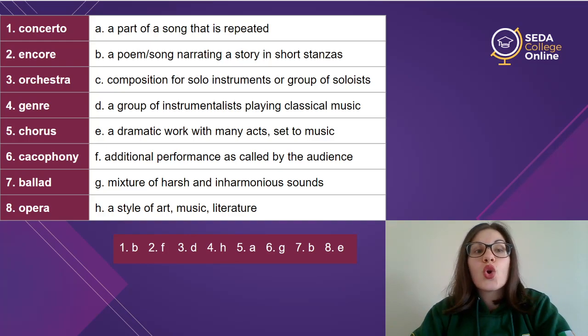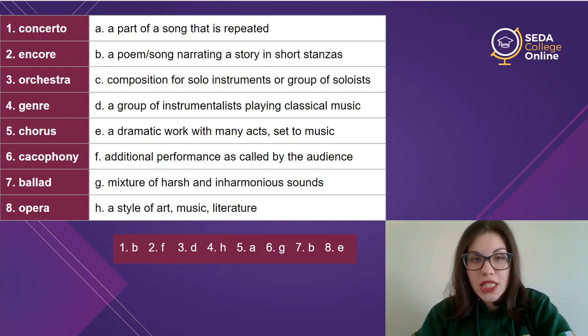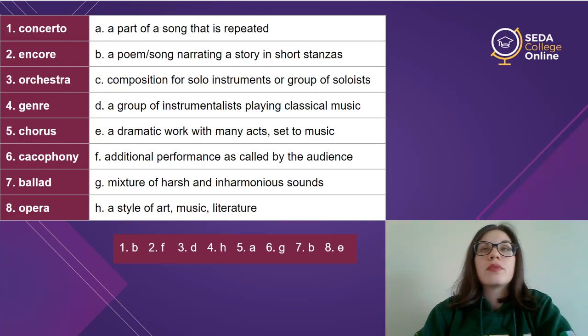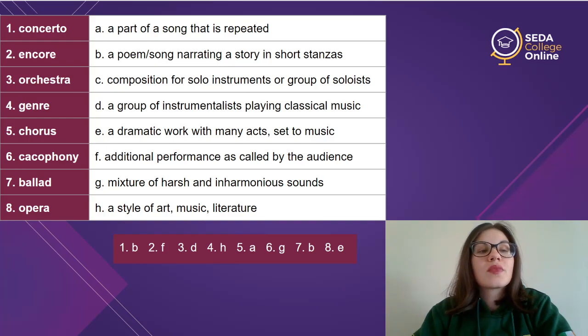Then we have orchestra. Okay, orchestra, of course, is a group of instrumentalists, a group of musicians. For example, we have the violinists, the cellists, the pianists, etc. The next one, genre.